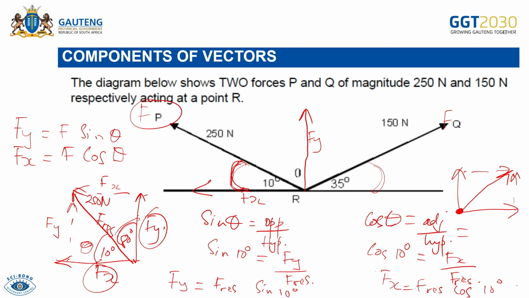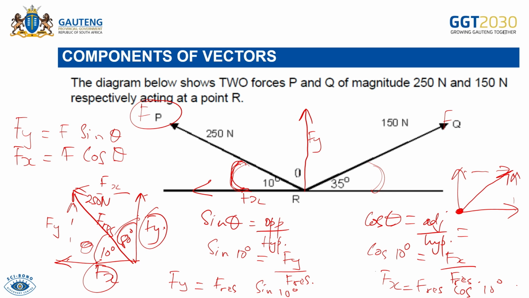All right, so the first thing that is very, very important, you must be able to resolve that force into its components. If you are able to do that, then the calculations are very, very easy to do. So first thing, make sure that you are able to resolve that force into its components.